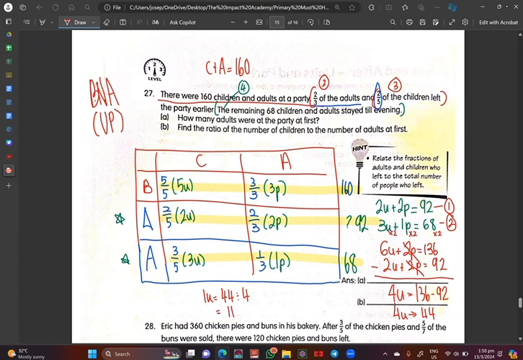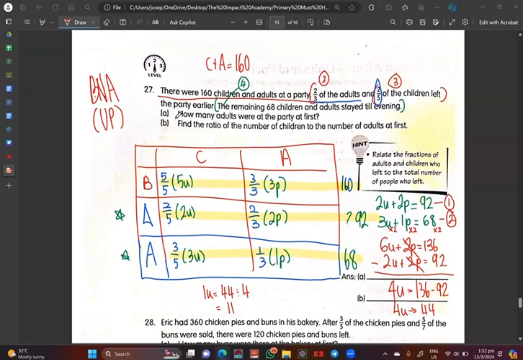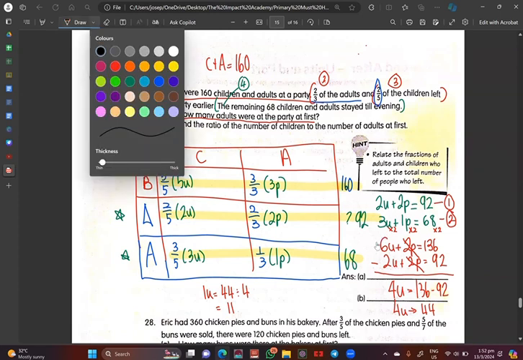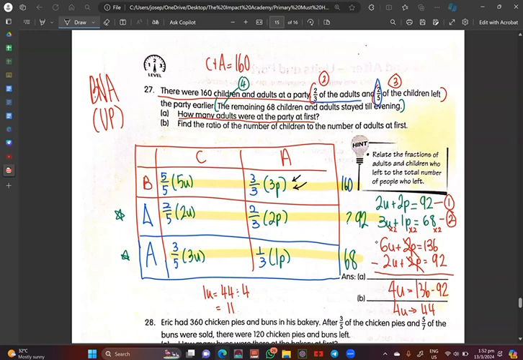Okay? Once you get to Mr. Greenman, you can read the question. How many adults were at the party at first? Cast your eyes on adults. Where's adults? Adults is over here. But unfortunately, we have one unit as 11. But don't worry, we just have to find these 5 units. That gives me 11 times 5. That gives me 55.